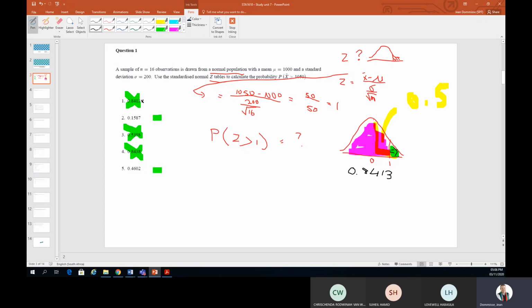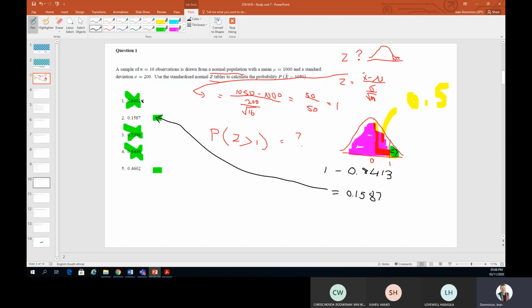But because I'm looking for the smaller part, I need to say 1 minus that. 1 minus 0.8413 gives me 0.1587, which is option 2.